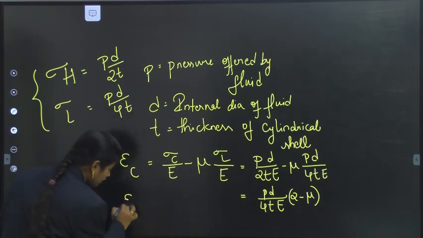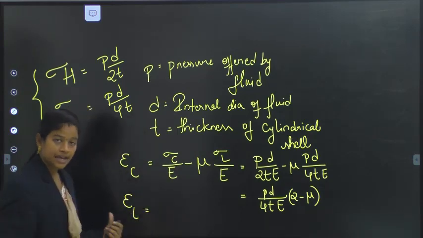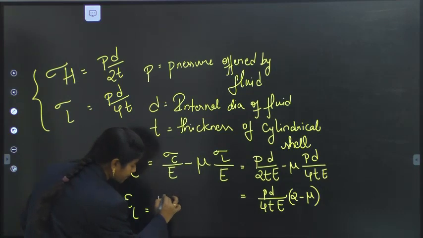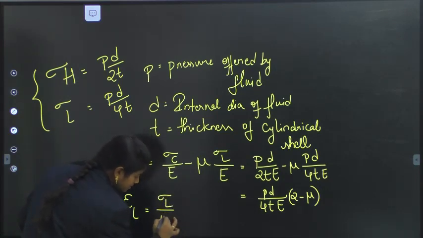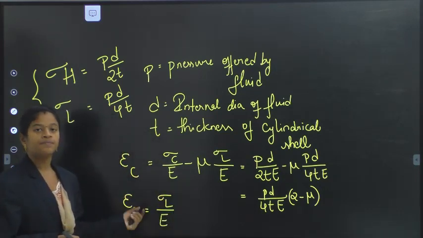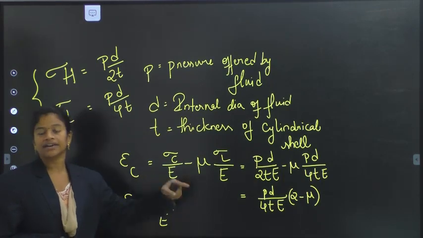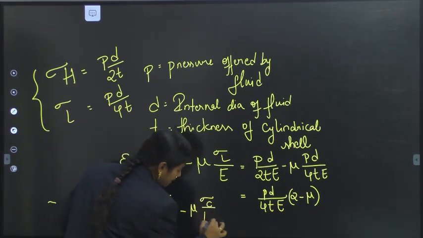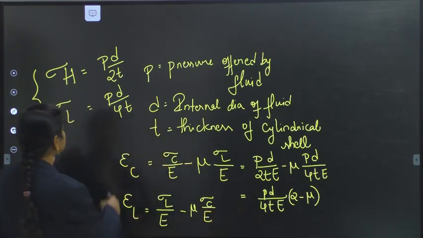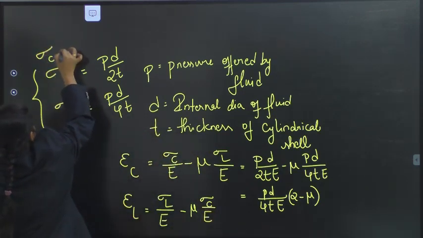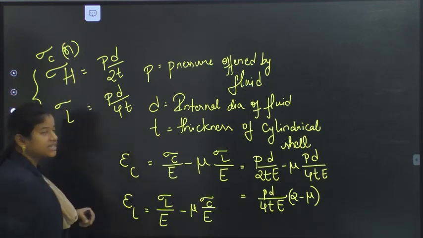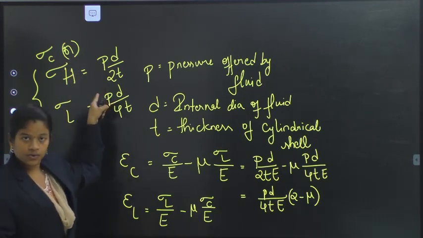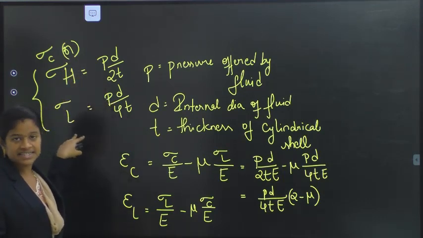And then longitudinal strain epsilon L is equal to the first term, the strain corresponding to the stress in the longitudinal direction, and then minus mu times sigma C by E. Sigma C or sigma H, both you can use: circumferential stress or hoop stress, sigma C and sigma H are the same. Sigma L is different.